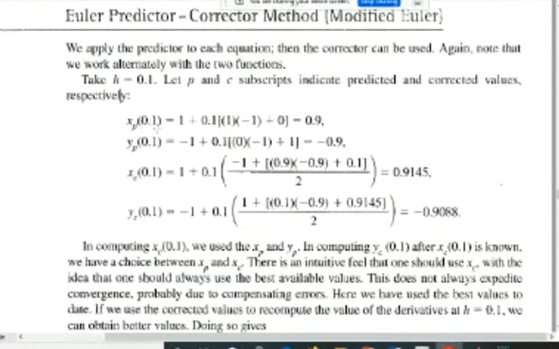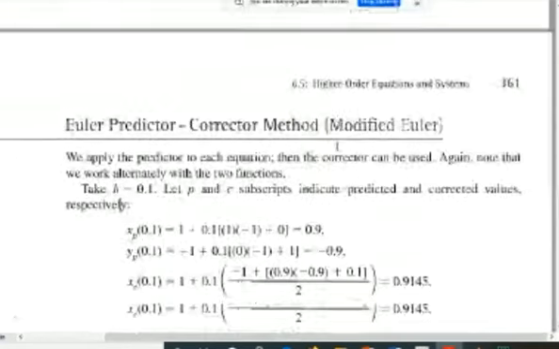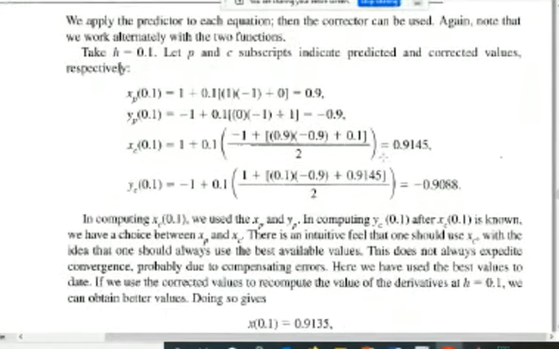The predictor value of y equals the initial value of y plus a step times the y prime formula, which is y py plus x, where y is minus 1, x is 1, and the value is minus 0.9.